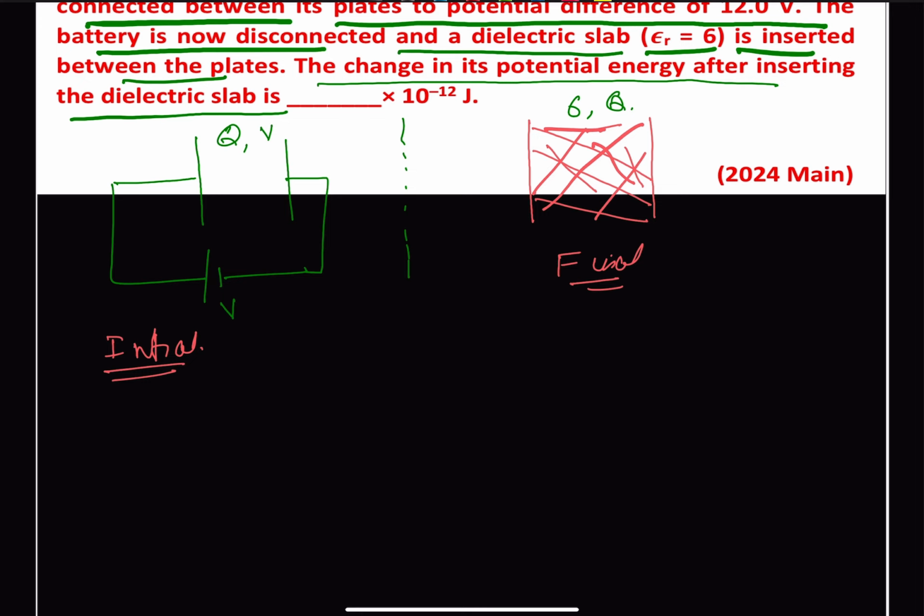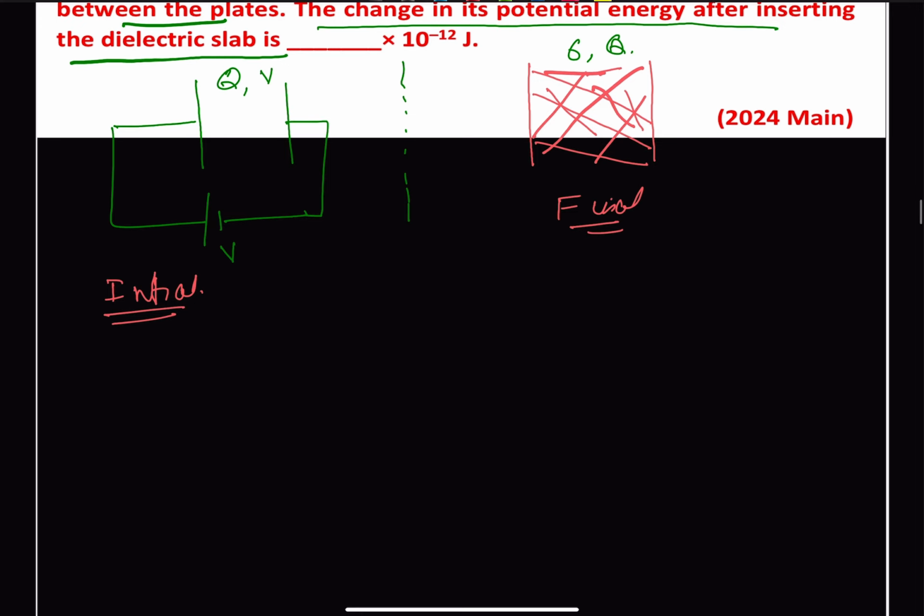So let's find out the initial potential energy, let us call this U naught, is equal to half C naught multiplied by V square. And all the values are known to us. We simply substitute it.